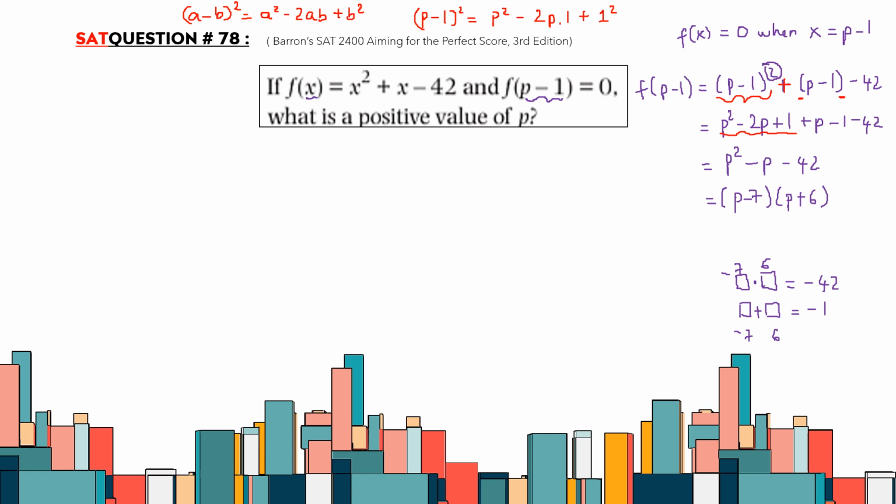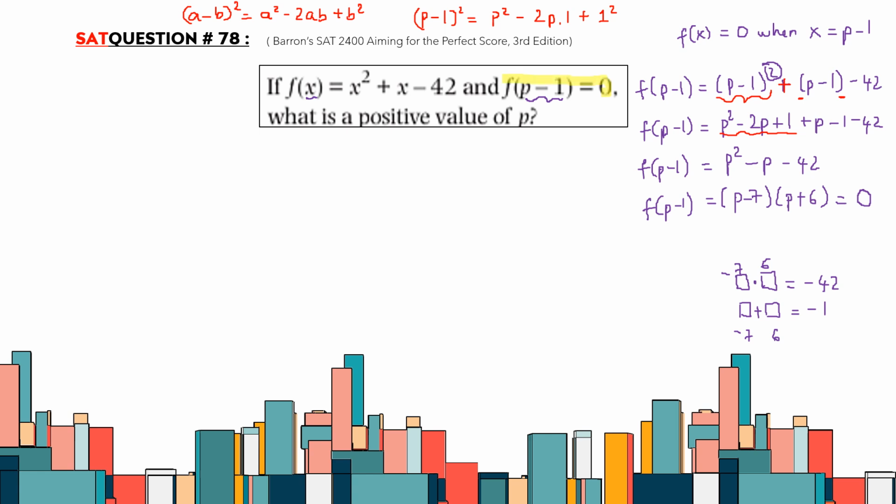And the thing is they said this is f of p minus 1, and this is set equal to 0 as given.